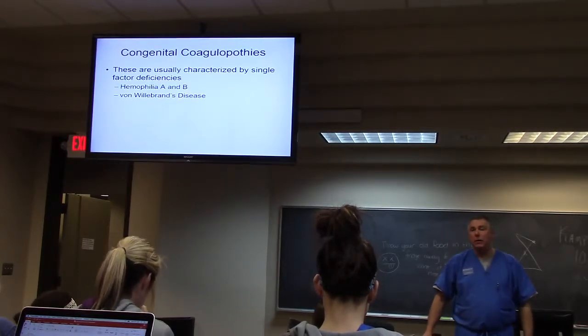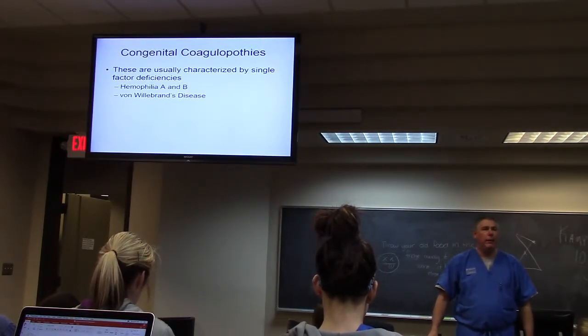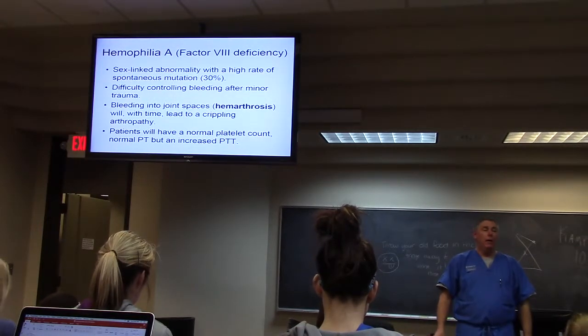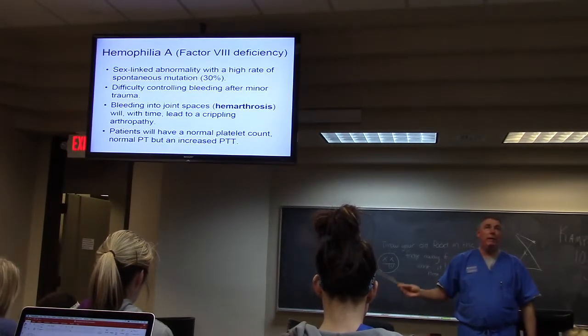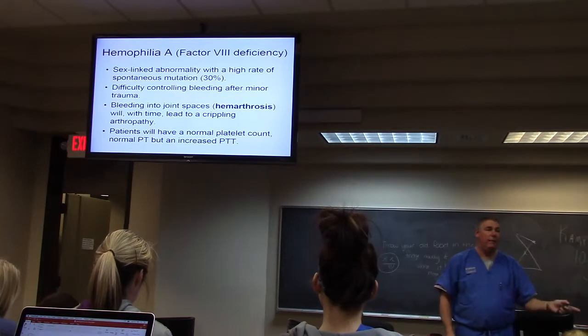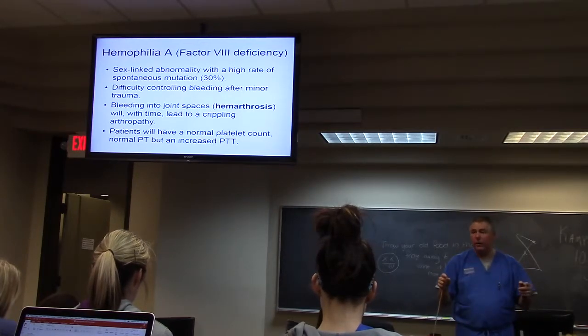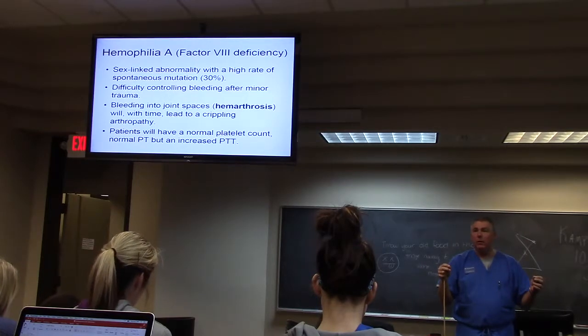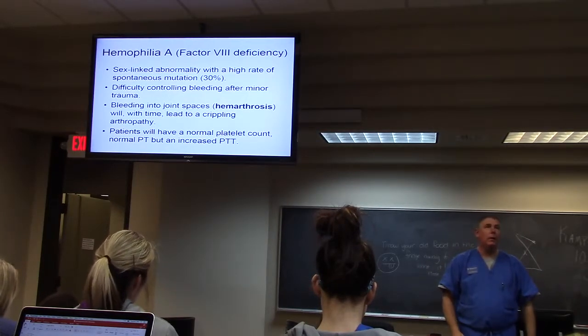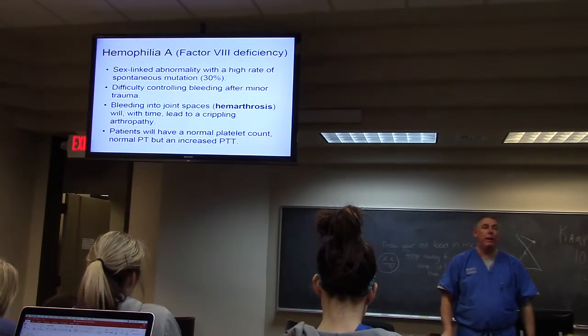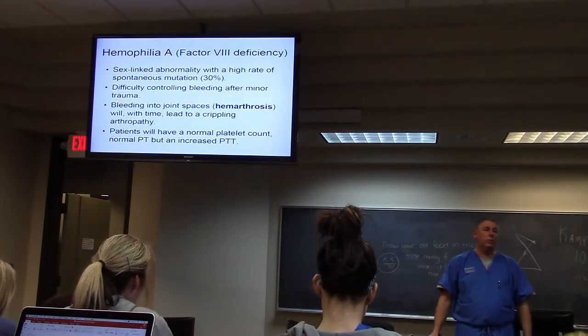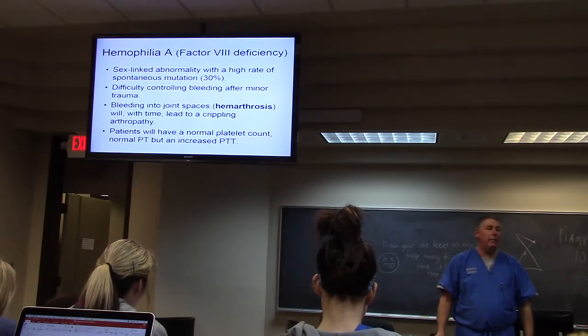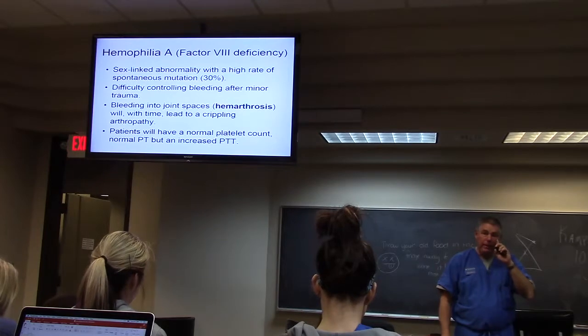Hemophilia A is by far the most common type of hemophilia. This is a factor VIII deficiency. You remember that previous slide, factor VIII intravascularly combined with von Willebrand factor. Anyway, it's sex-linked, meaning it's on the X chromosome, which means that most people with hemophilia A are males.